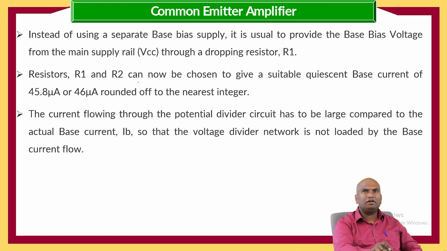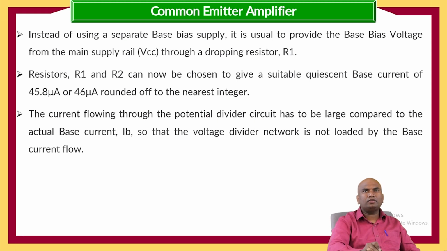The resistors R1 and R2 can now be chosen to give a suitable quiescent base current of 45.8 microamperes, or 46 microamperes rounded off to the nearest integer.